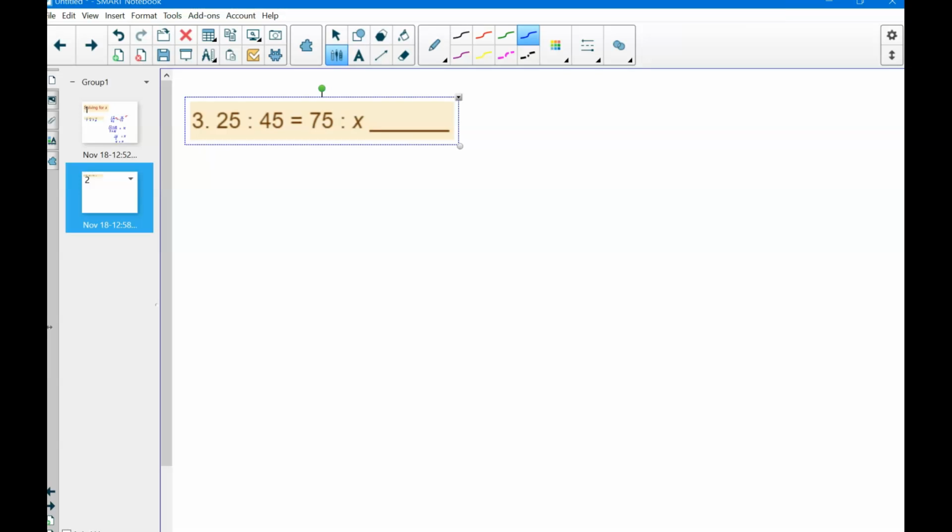So setting this one up, we're going to have 25 over 45, equal to 75 over x. So we cross multiply.